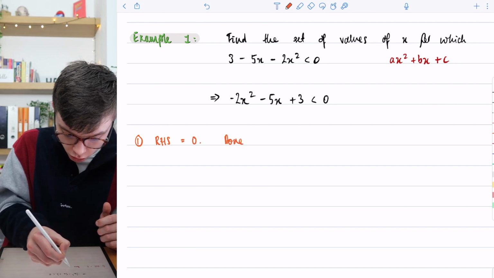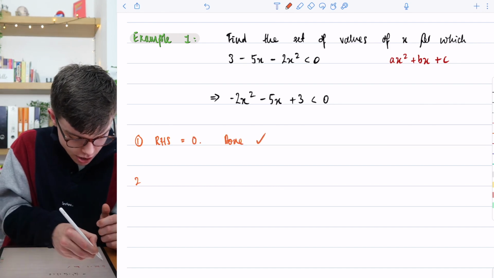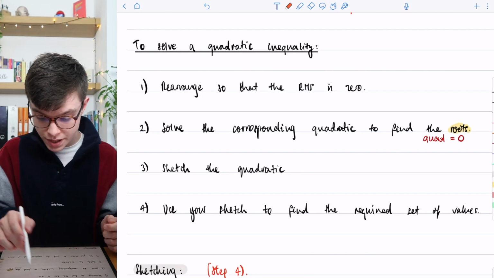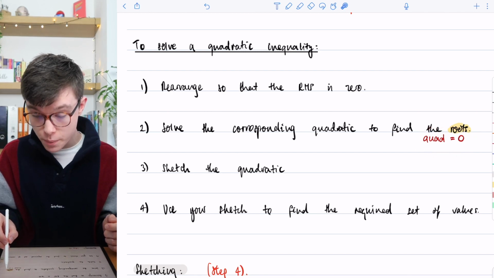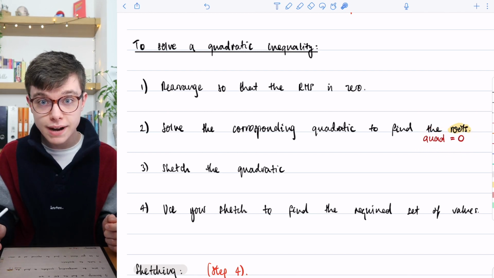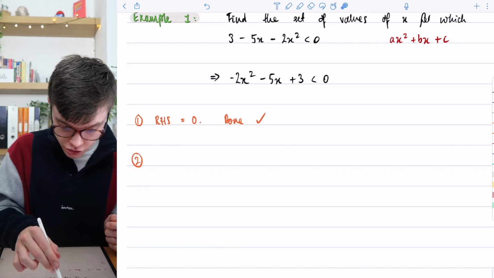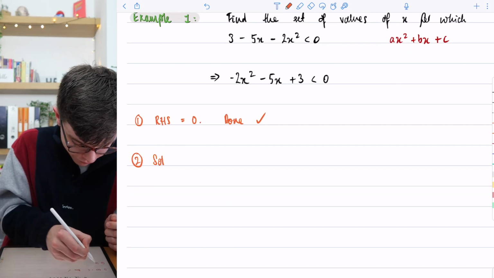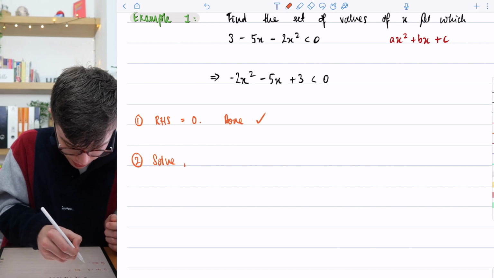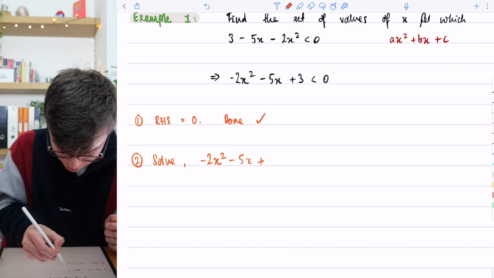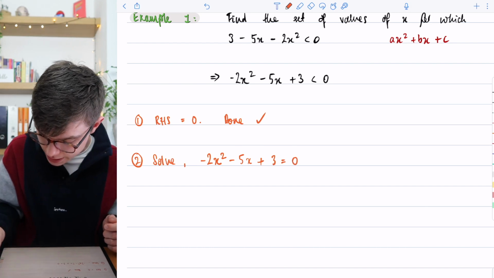And that's done already. Step 2, if we go back and have a look, we wanted to solve the quadratic. And I added on here, to solve it, we want to find the roots, so we set the quadratic equal to 0. So we want minus 2x squared minus 5x plus 3 to be equal to 0.